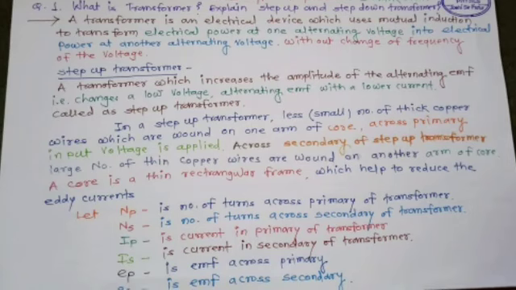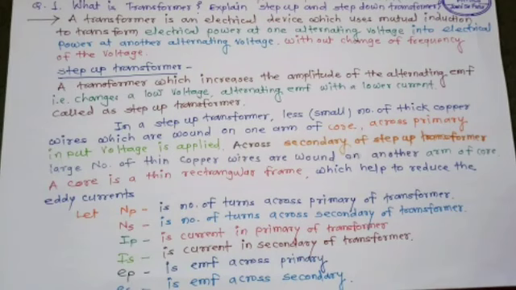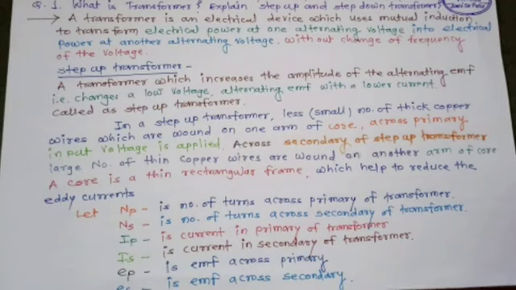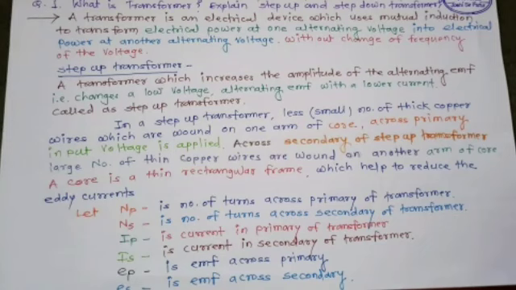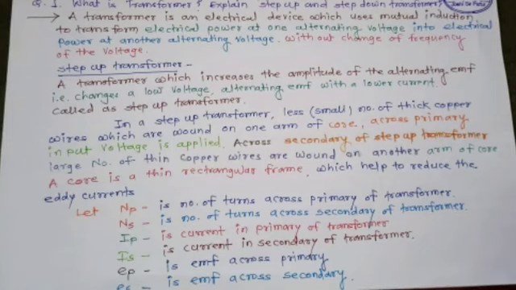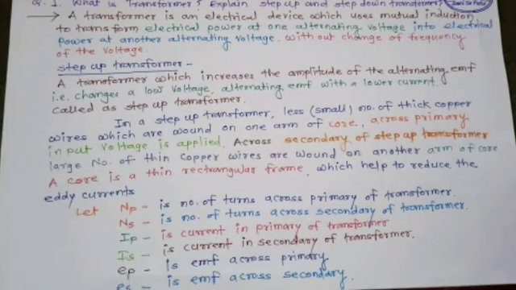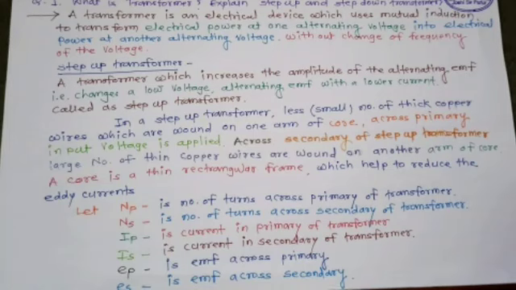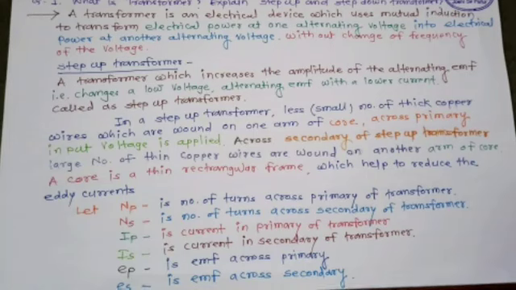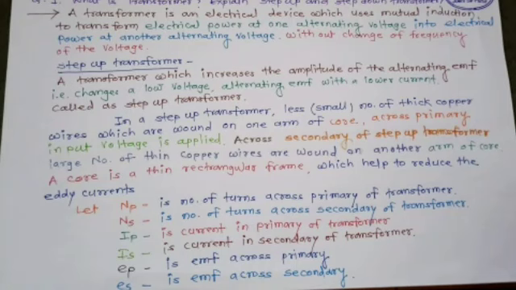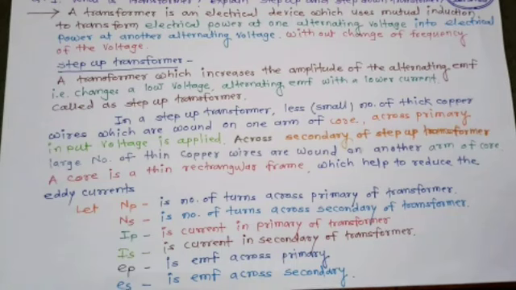First, the step up transformer: a transformer which increases the amplitude of alternating EMF, that is, changes a low alternating voltage with higher current, is called a step up transformer.